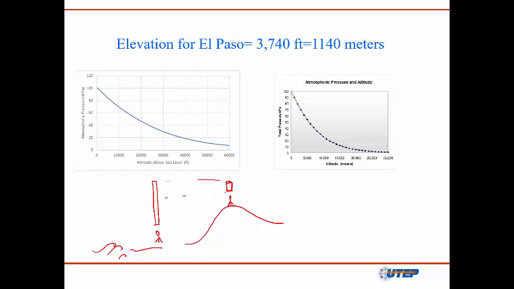The concept of partial pressures remains the same. So I still have, in 1 atmosphere of pressure, 0.2 atmospheres of oxygen.